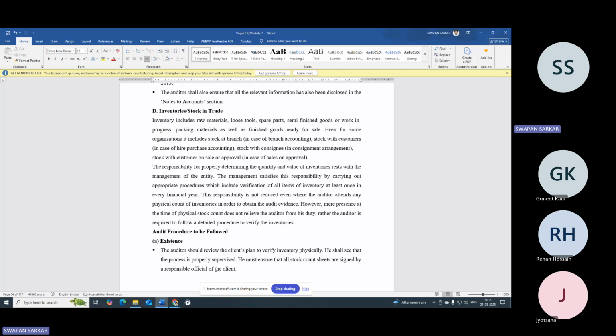The management satisfies its responsibility by carrying out appropriate procedures, which include verification of all items of inventory at least once in every financial year. This responsibility is not reduced even when the auditor attends any physical count of the inventory in order to obtain audit evidence. However, mere presence at the time of physical stock count does not relieve the auditor from his duty. Rather, the auditor is required to follow a detailed procedure to verify the inventories.